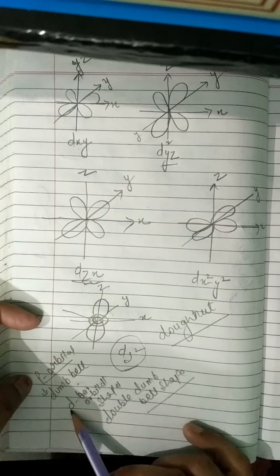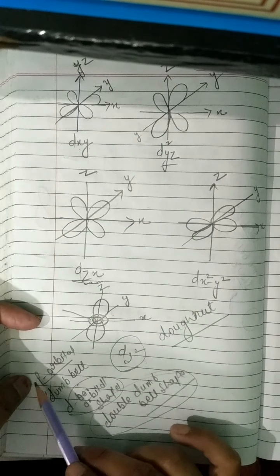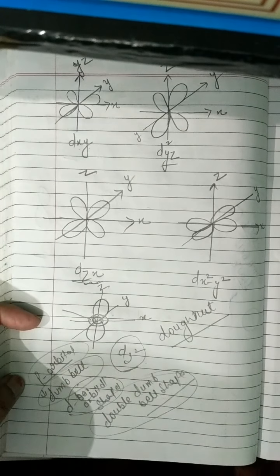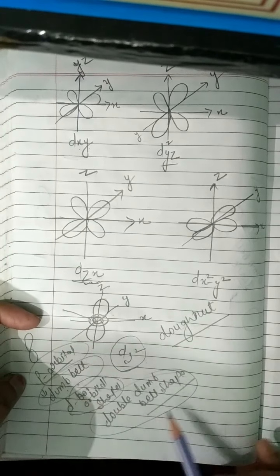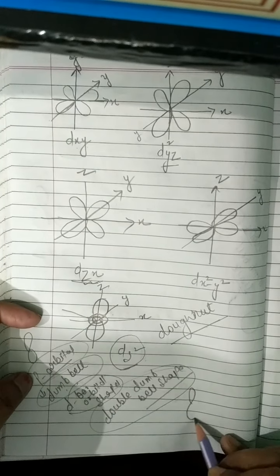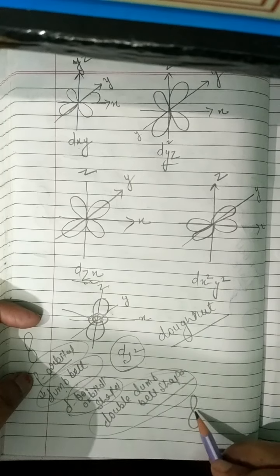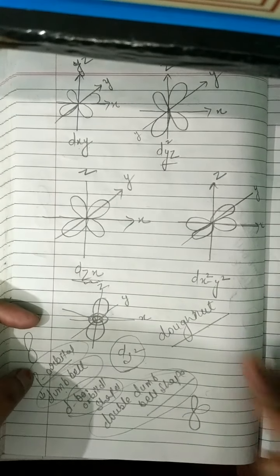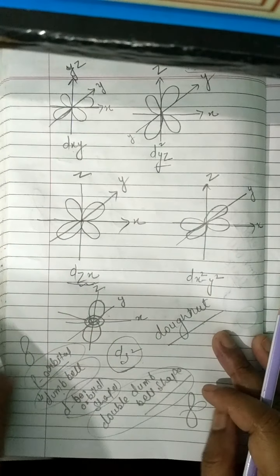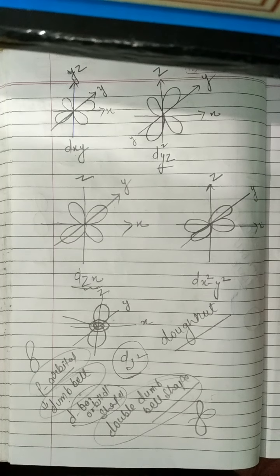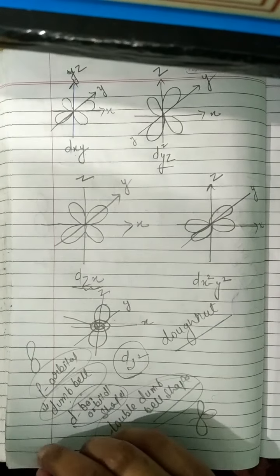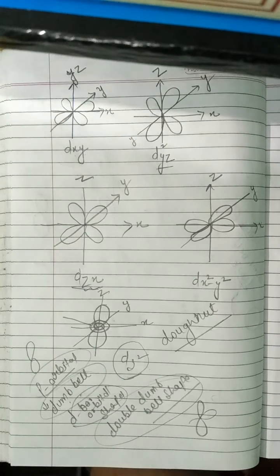Clear? The d orbital shape is called double dumbbell and the p orbital is called dumbbell shape. In the case of a p orbital, only two lobes are present, but in a d orbital, four lobes are present on different axes. This is about the shapes of orbitals. In your syllabus you have only s, p, d and f orbital shapes. Thank you.